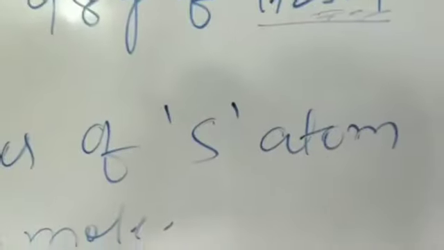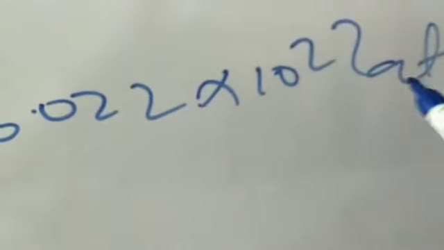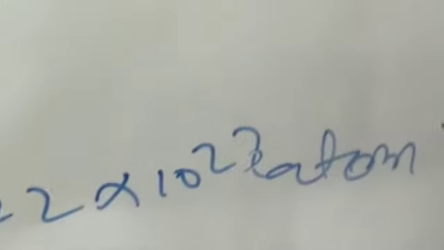Now next question is the number of sulfur atoms present in 1 mole of H2SO4. Actually, 1 mole of H2SO4 contains 1 mole of sulfur atom, and 1 mole of sulfur atom is equal to 6.022 into 10 to the power 23 atoms of sulfur.